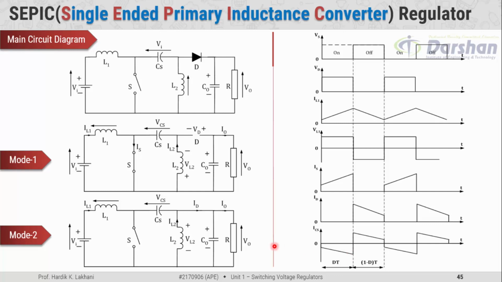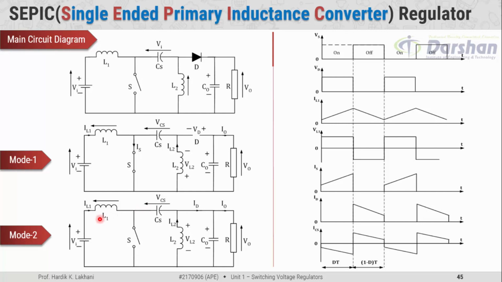So in the second interval, the diode comes into the forward bias condition. Because of that, the voltage drop across the diode is ideally equal to 0. And in the second interval, the task of inductor L1 is to release its energy into the capacitor Cs.